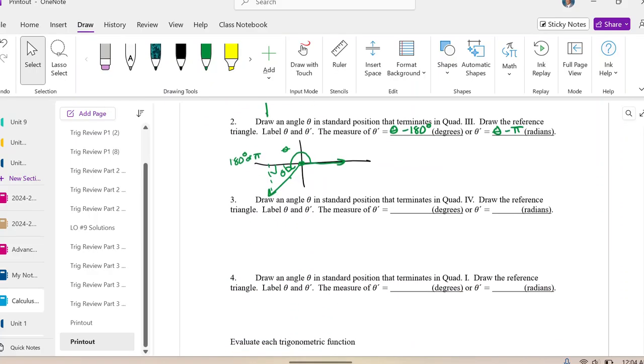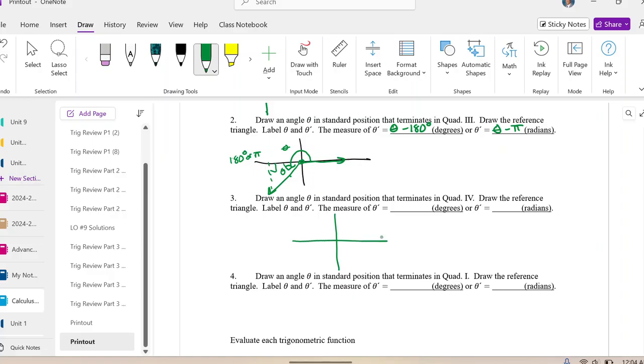In the fourth quadrant, because remember, you go to the x-axis, here's your triangle. Here's theta prime. This is 2 pi or 360.